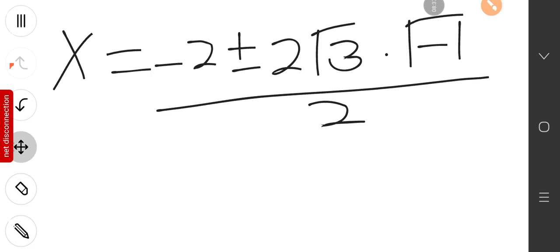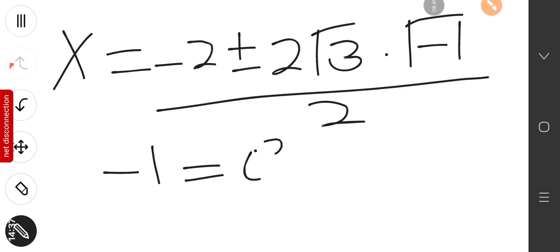Here we're going to apply another concept, known as the definition of the imaginary unit. If you have minus 1, this is equal to i squared.